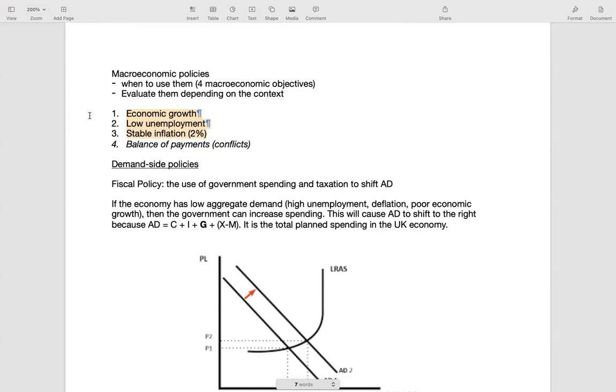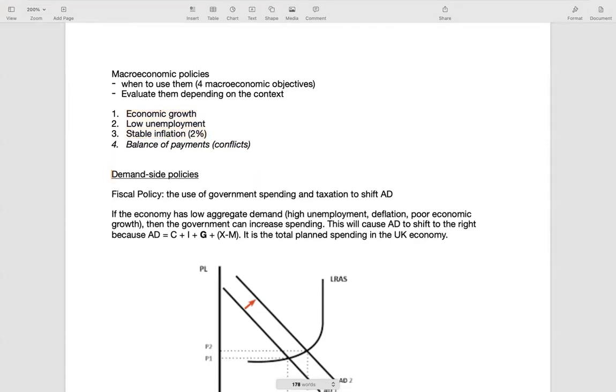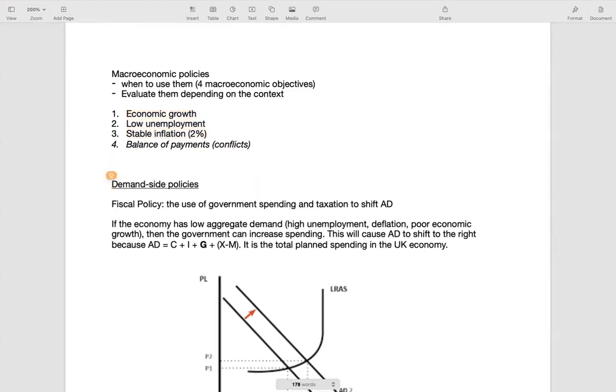The common questions in the essay are things like what policy should we use to tackle high unemployment? Or to tackle this recession.